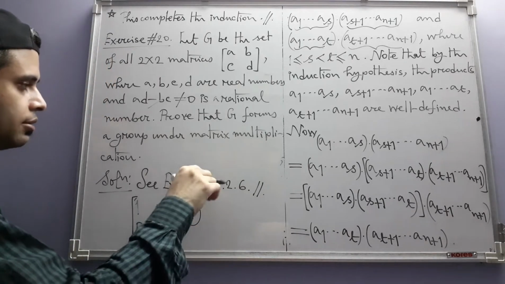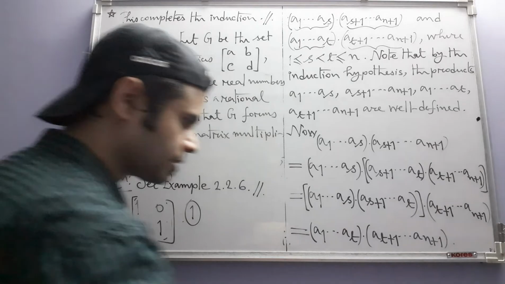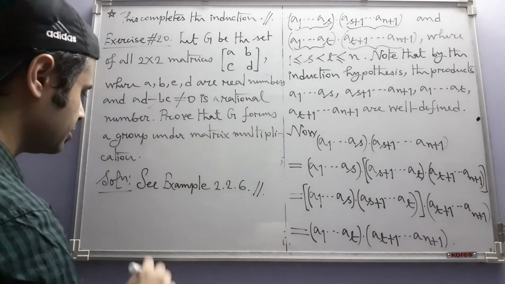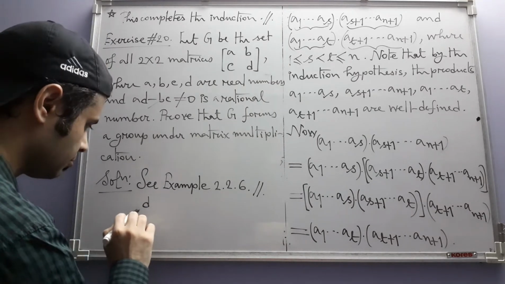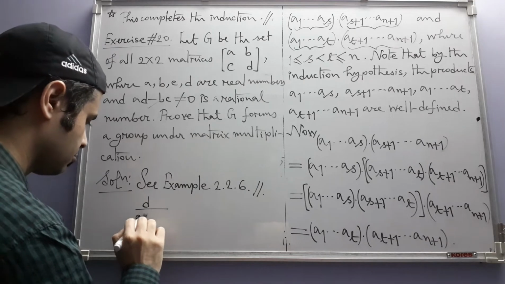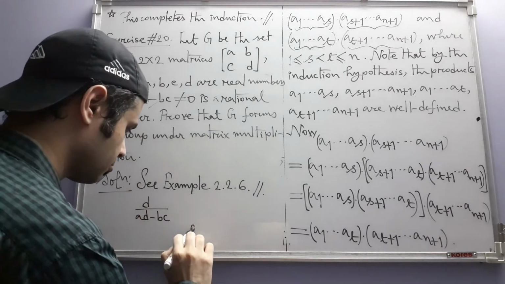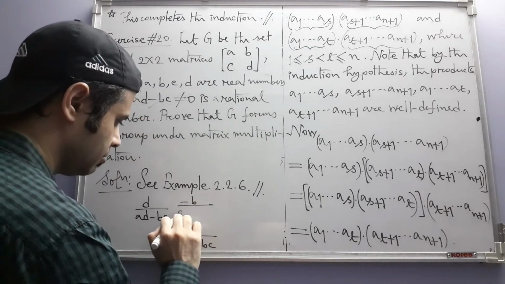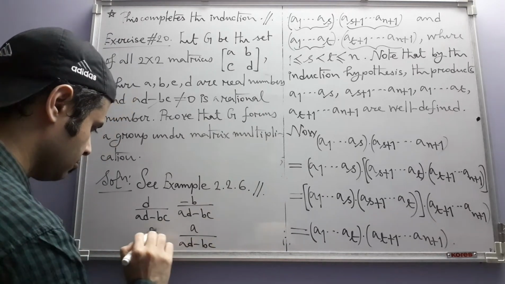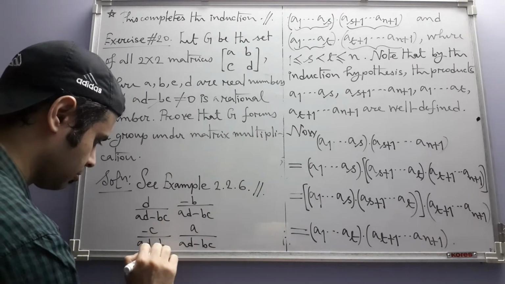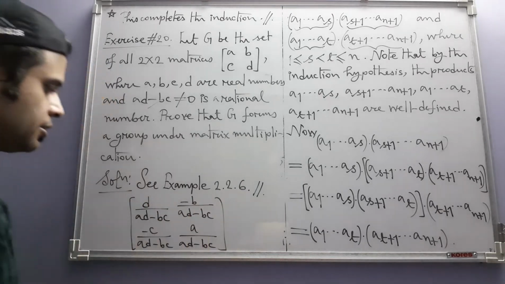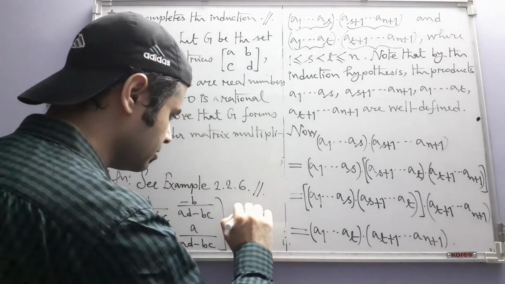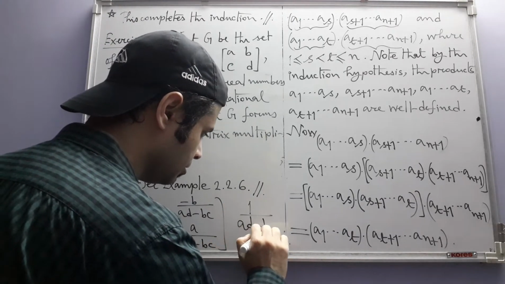And if you go to the inverse of a matrix, actually its inverse is this one. The inverse of this matrix is, with entries, minus B, minus C. This is the inverse, which is again a real matrix, and its determinant is, if you calculate, it will turn out to be this.